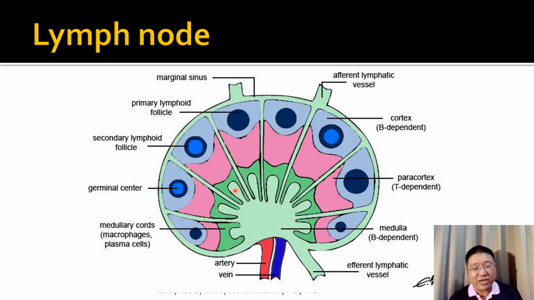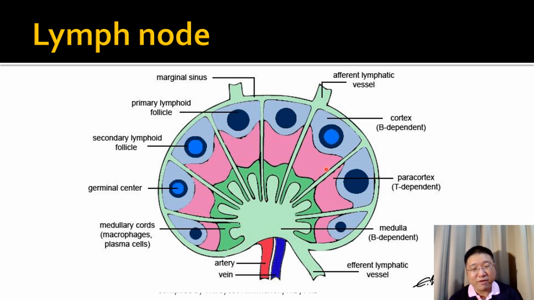Within the lymph node, there are many sinuses also, and the sinuses contain different white blood cells, red blood cells, and macrophages. So in reactive lymphoid hyperplasia, the different zones may be expanded depending on the causes.